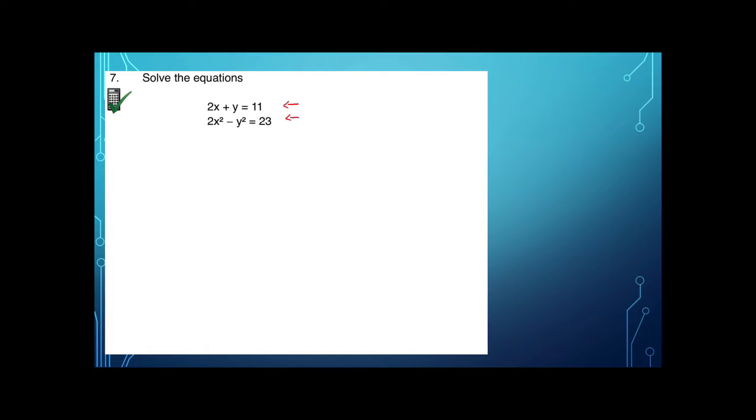Okay, I'm just going to rearrange this 2x plus y is equal to 11. I'm going to rewrite it as y equals 11 minus 2x. And then I'm going to write y squared equals (11 minus 2x) all squared.